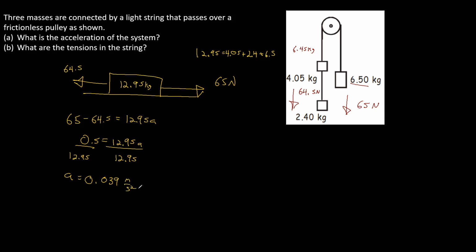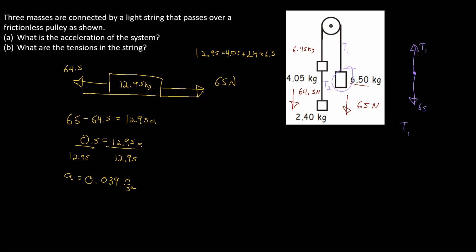And that says, what are the tensions in the string? I'm going to guess strings, plural, both of them, because I'm guessing we'll call this one T1 and this one T2. So the easiest way to do it is to find T1. I'm going to make my system just the right mass, because for the right mass, it's T1 up with 65 newtons of gravity down.